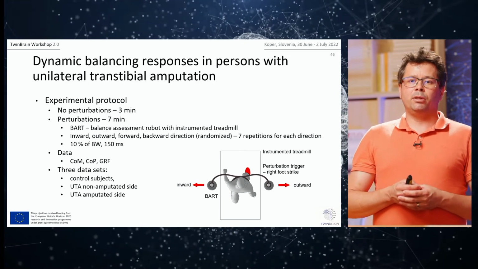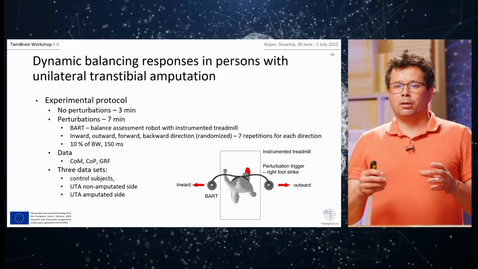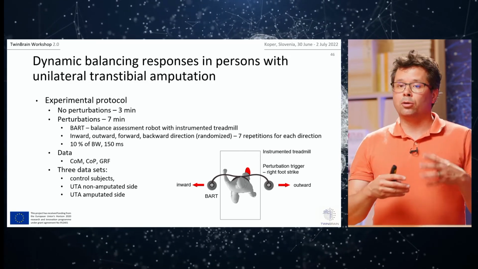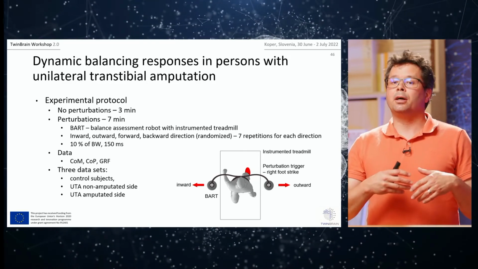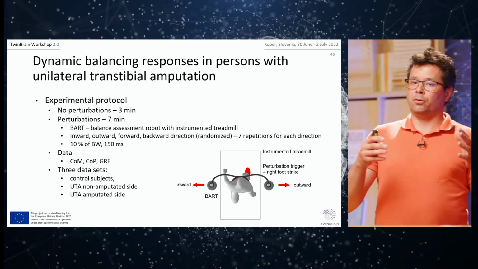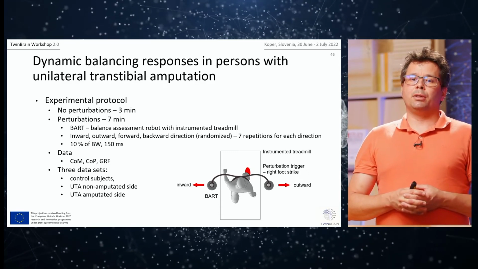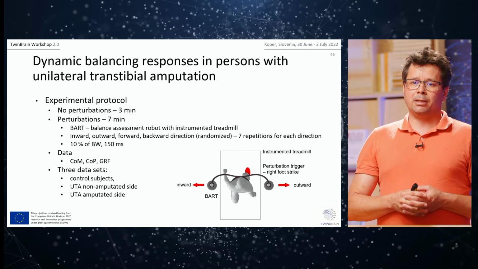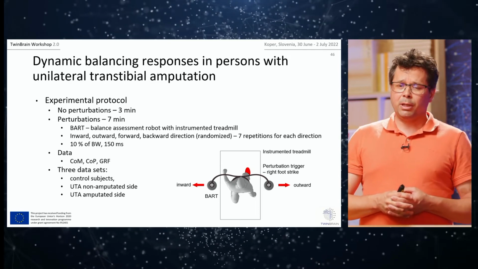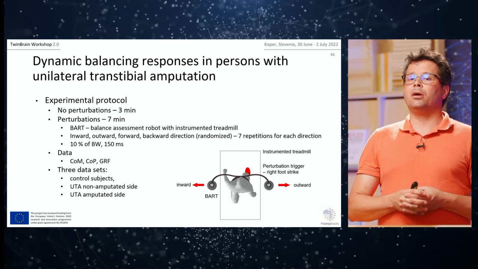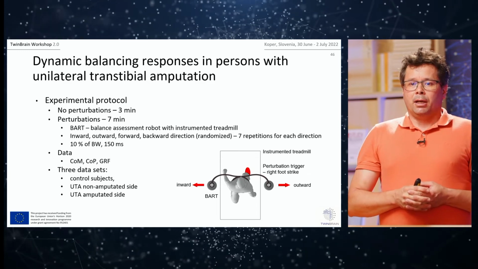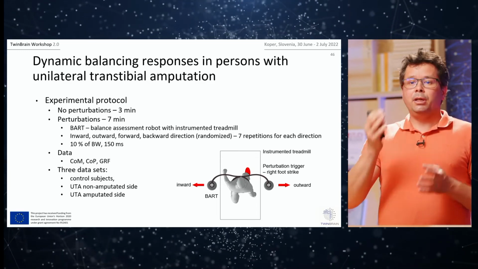The data that we measured was not the entire kinematics and kinetics of all the lower limb, but only the center of mass position, the displacement of the center of pressure, and the ground reaction force. And we obtained 3 data sets.